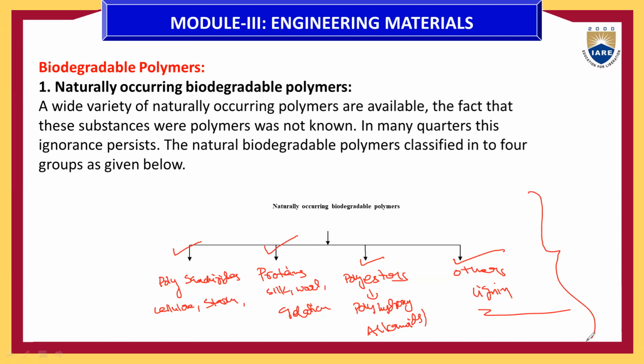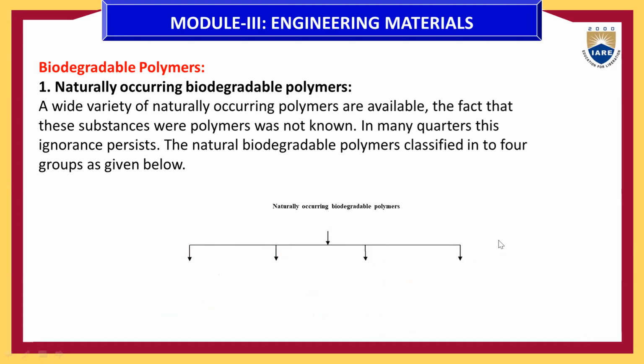Polysaccharides are cellulose and starch. Proteins are silk, wood, and gelatin. And polyesters are polyhydroxyalkanoates, and others are lignin. Just these all are the introduction to the biodegradable polymers only. No need to write in the examination point of view.